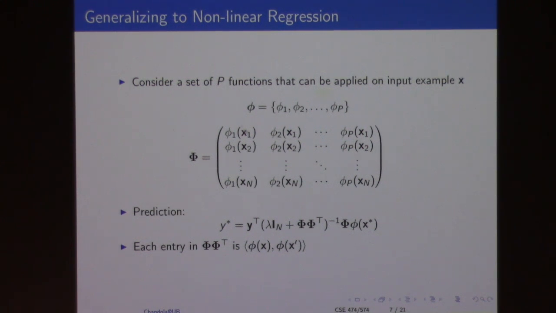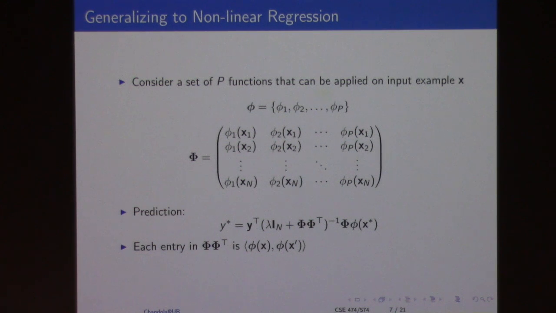I can apply this set on each data point and get a new data matrix, where x1 becomes p values, phi1, phi2, up to phi p applied on x1, and then on x2 and so on. This new data matrix will be n cross p, because I started with n cross d but applied p basis functions.